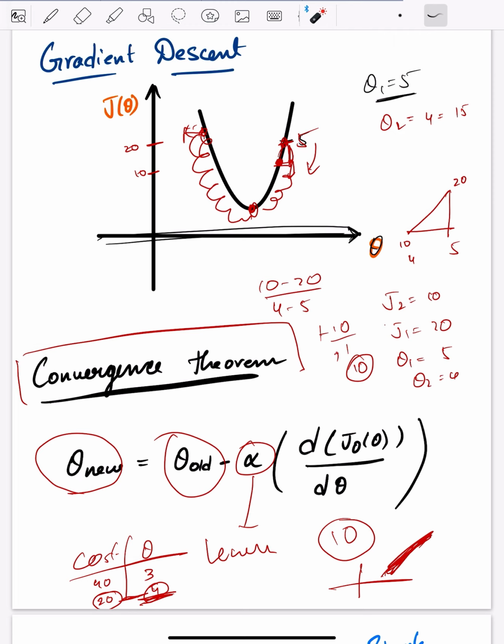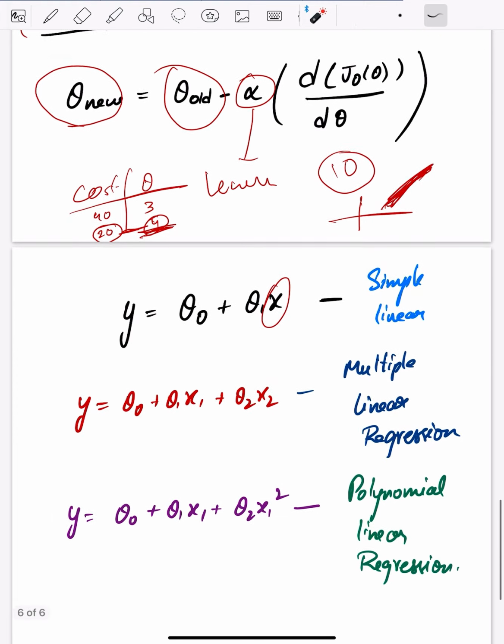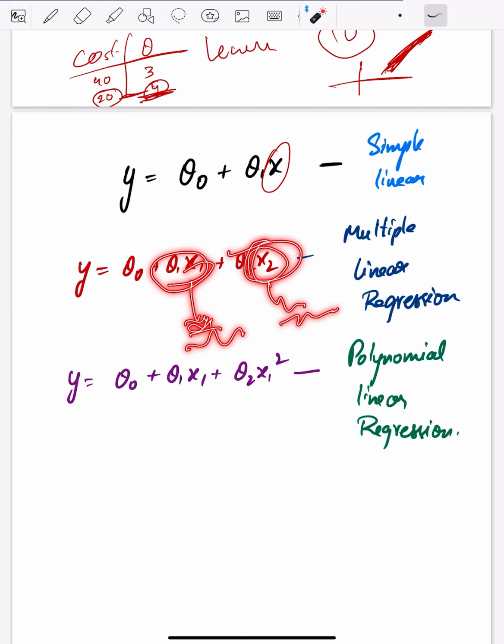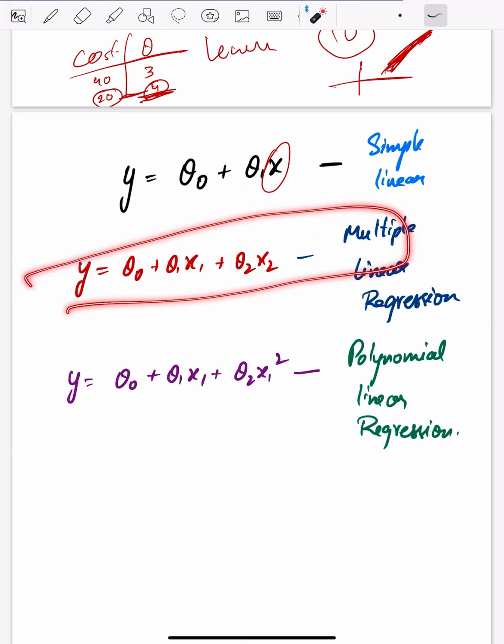For instance, broker fee, supplies fee, and manual work, and all these things will be taken into consideration as deciding parameters, right? Each parameter has its own weight. For instance, this is supplies money, this might be land price. Based on all these, you'll find the final price. That's what multiple linear regression is about.